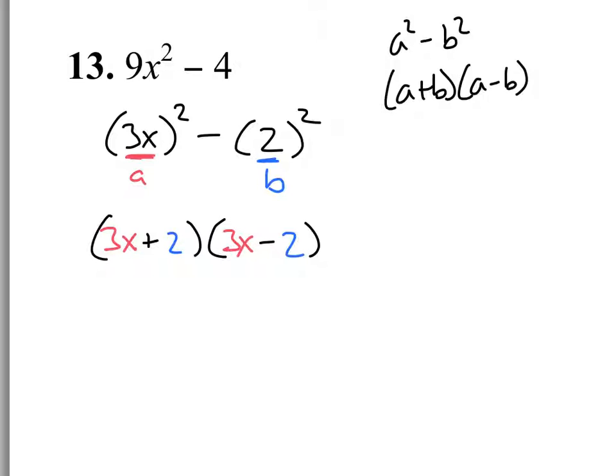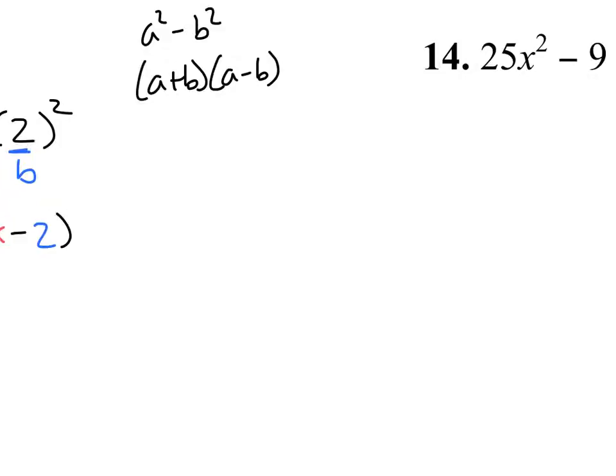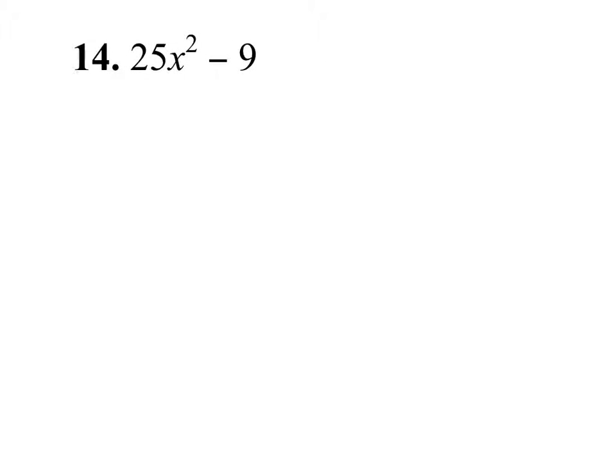Questions? Anytime you have a difference of perfect squares, it's always going to work this way. Let's try another one. What if we have 25x squared minus 9? First off, we have to identify it as a difference of perfect squares. Is it subtraction? Yes.